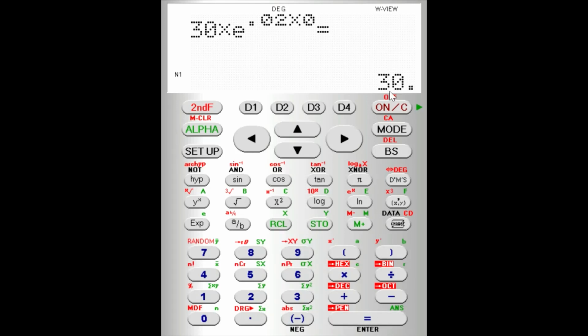So the answer is 30, and A is in thousands, so multiply by 1,000. So the population is 30,000.